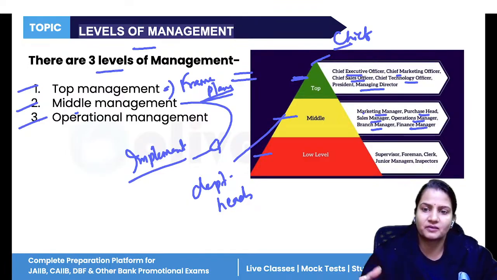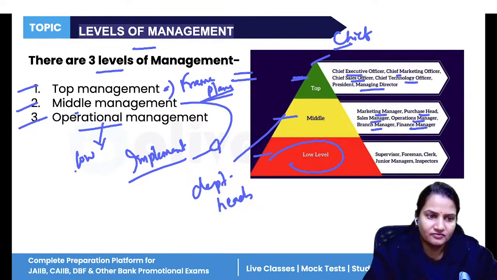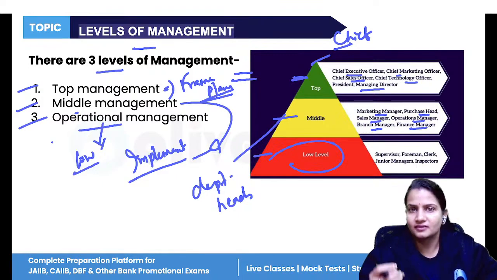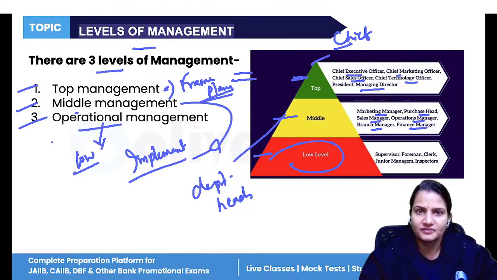So different departments and heads would comprise the middle level management. And the lower level is known as operational, or after operational there is one lower level management. So in low level, the clerk level persons, the inspectors, those who ultimately have to work for the company.